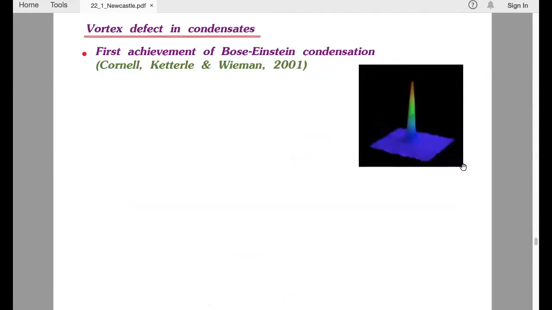Okay, we come to modern times and the discovery of condensates. The first achievements of condensates were awarded a Nobel Prize, to Cornell, Ketterle, and Wieman. Of course, the words Bose and Einstein mean that this condensation state of matter was previewed by Bose, an Indian physicist who sent a letter to Einstein.